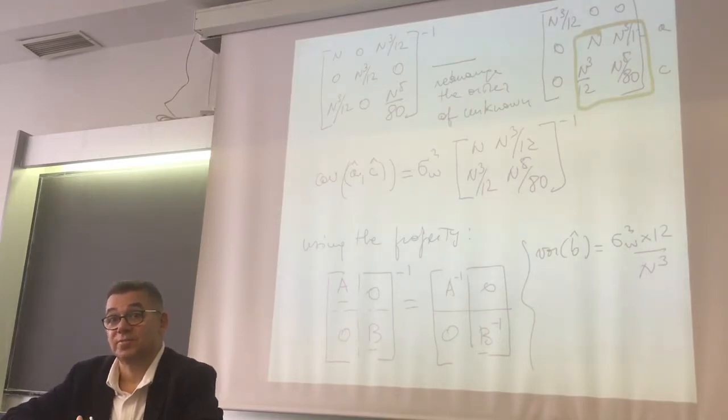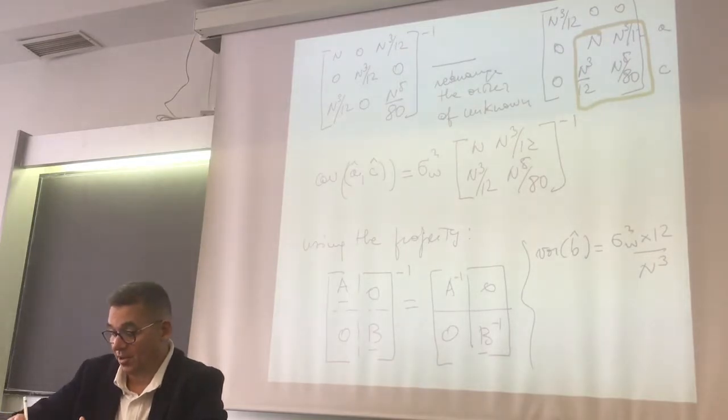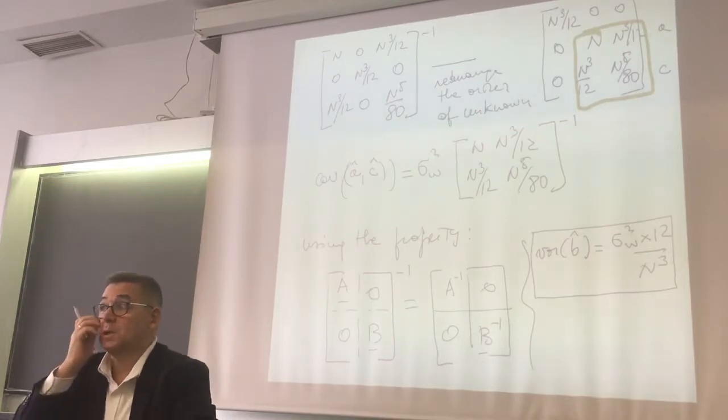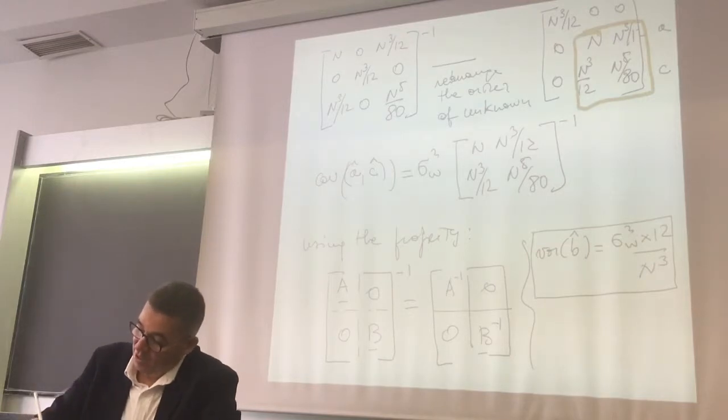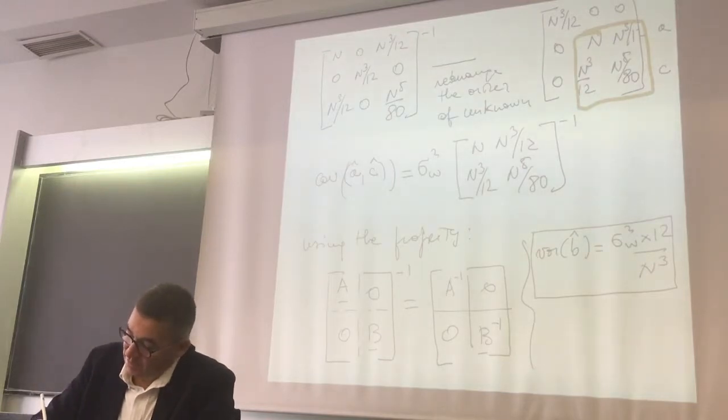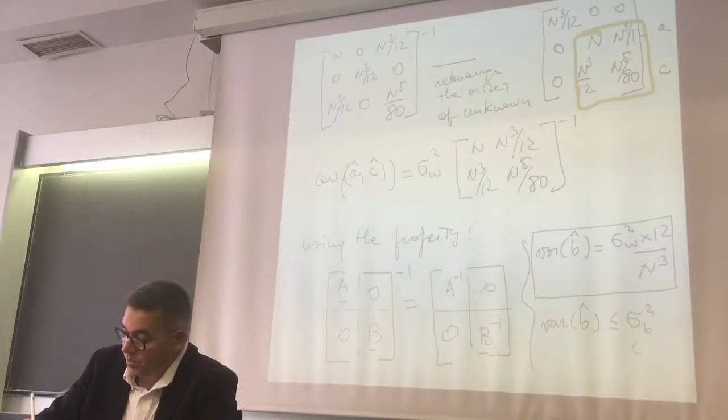This is the answer, because of the decoupling. This concludes the exercise once I impose that the variance of B should be smaller or equal than a certain sigma squared V, which is imposed, and then I get that n should be larger or equal than a certain number.